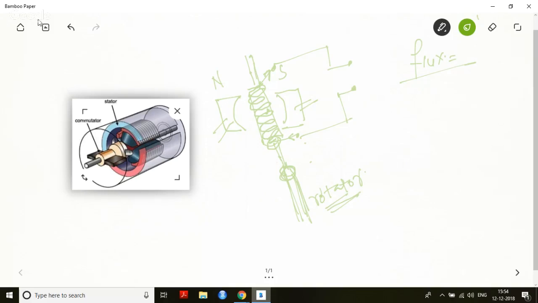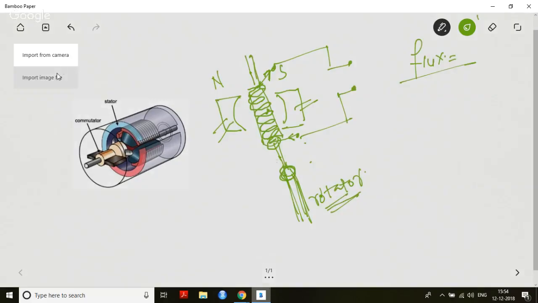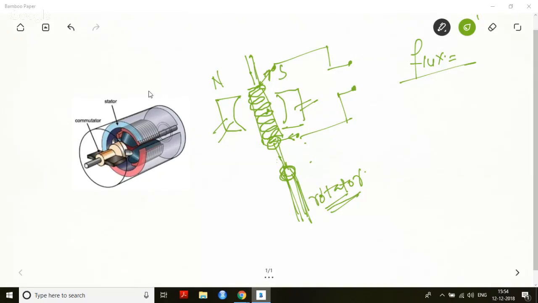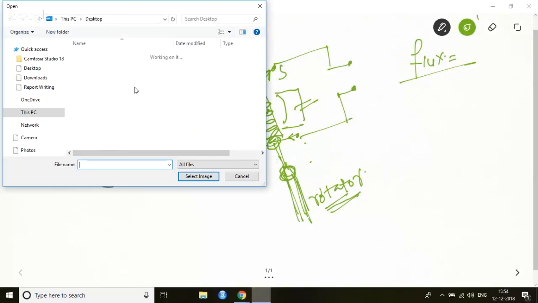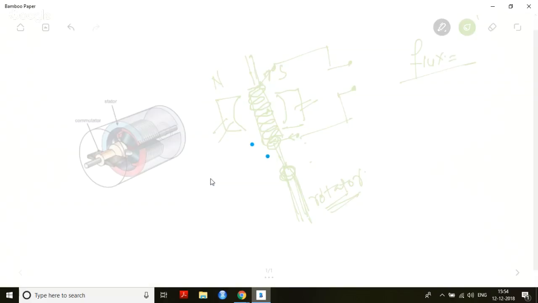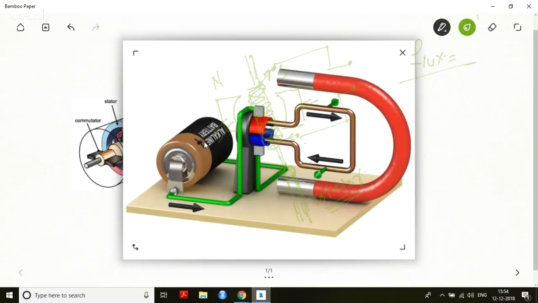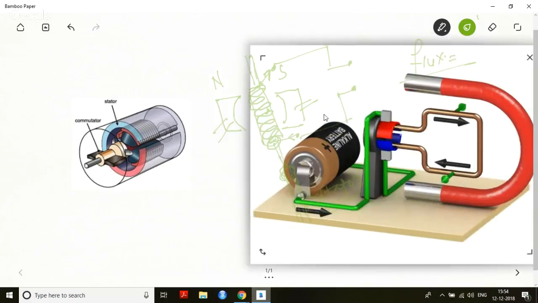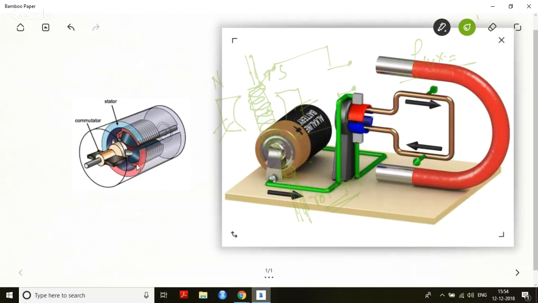I'll upload one more image. So see what is happening. There are two images which I have uploaded on the screen. One looks like a motor, and one is an experimentation.